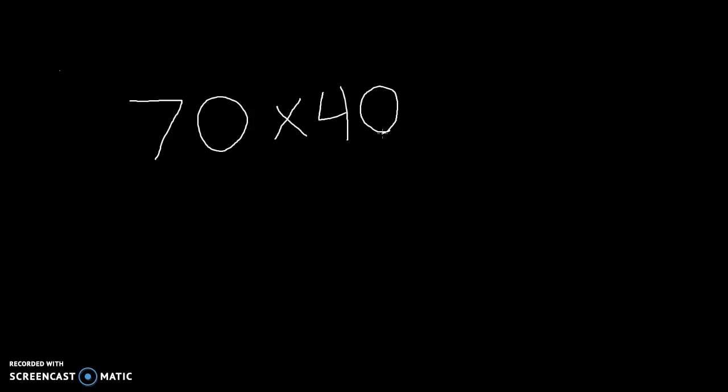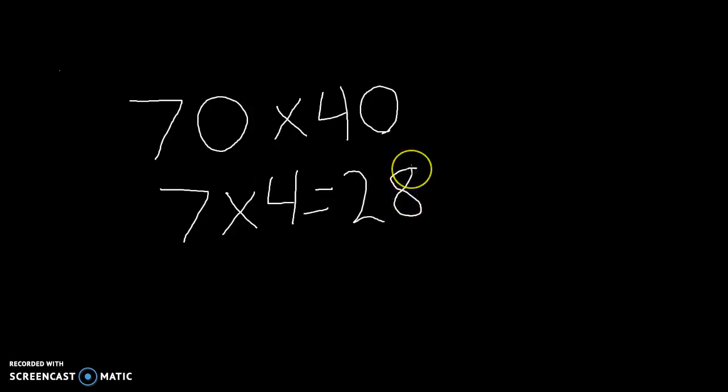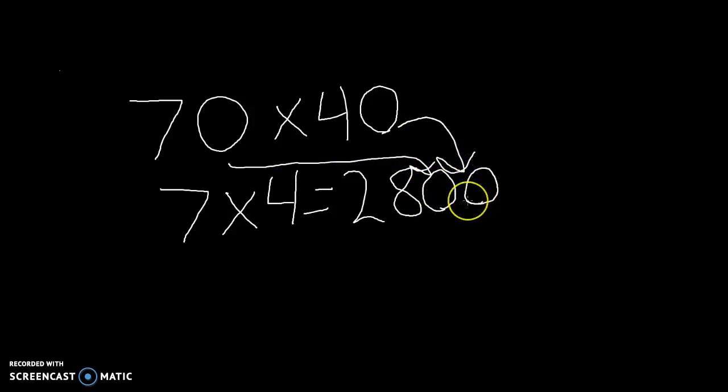Let's see. So first you're going to want to do 7 times 4, and that equals 28. Now you're going to have to carry the zeros down, like we went over. So 70 times 40 equals 2,800.